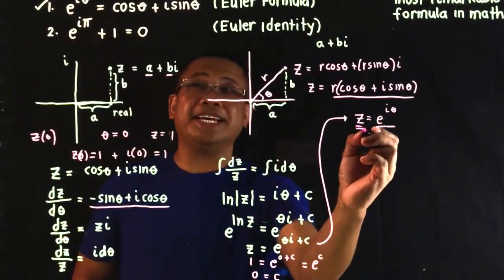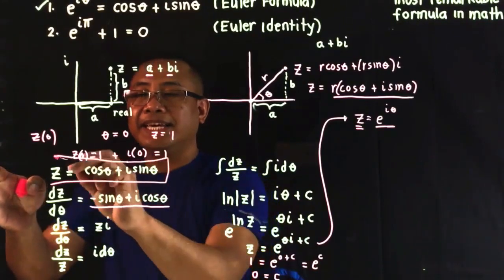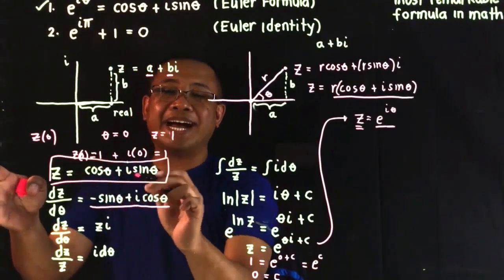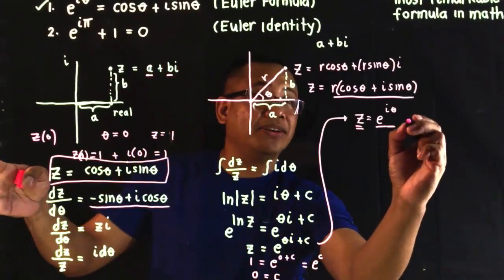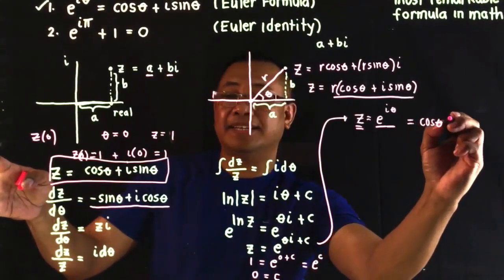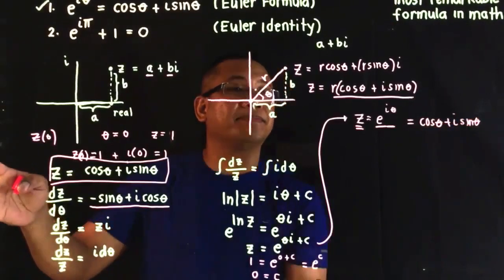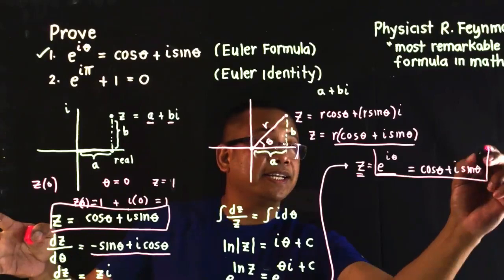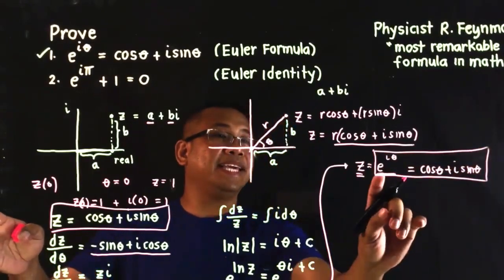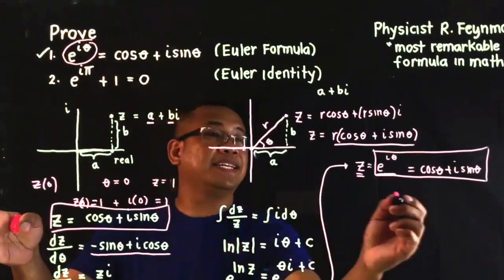But what is the value of z? We said that the value of z is equal to cosine theta plus i sine theta. So this is also equal to cosine of theta plus i sine of theta. Notice now that this part that we arrive at, e raised to i theta, is this left side.